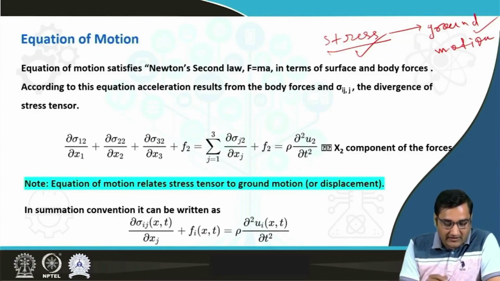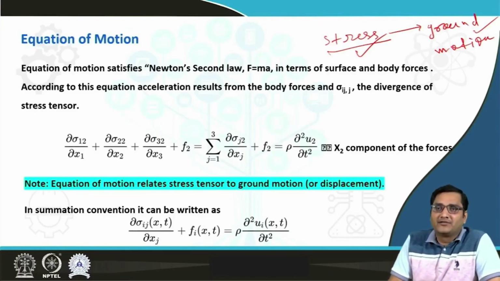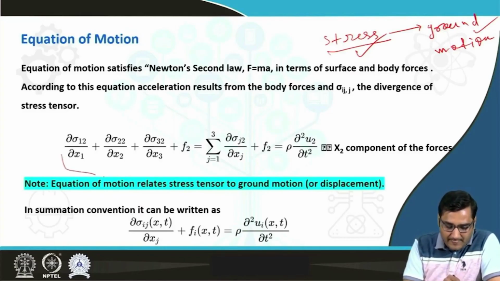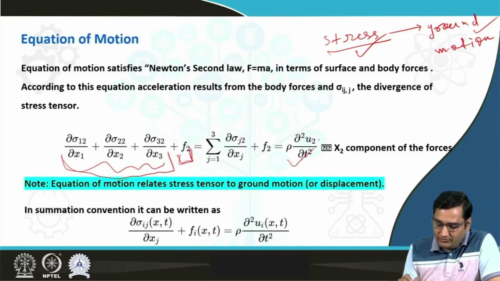So according to this equation, the acceleration results from the body forces and the surface forces. When you are writing this equation, these are your stress field terms, the surface forces, and this is your body force, and that is equal to rho del square u by del t square.